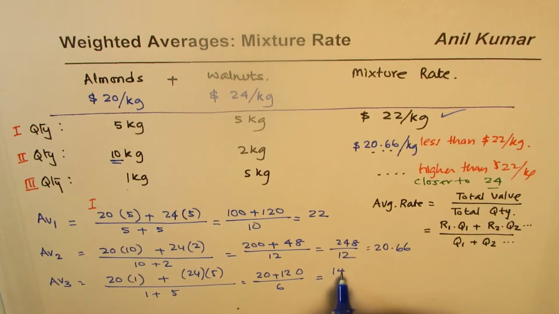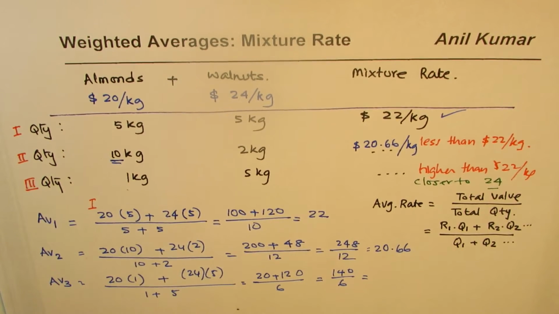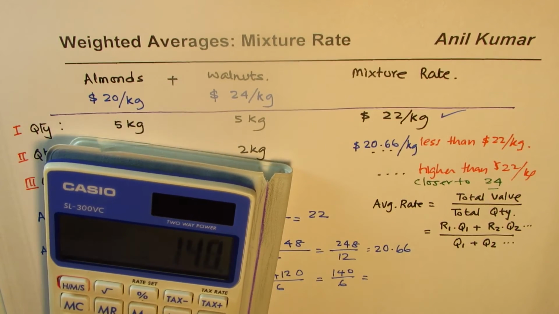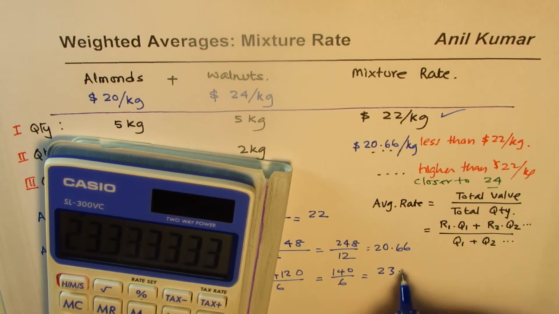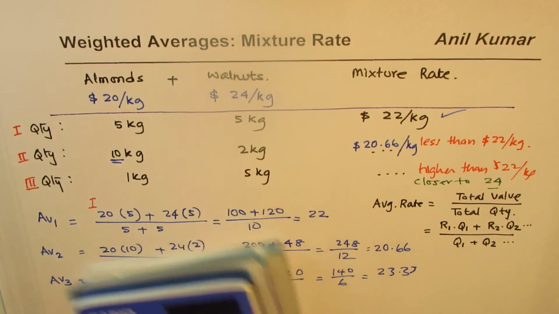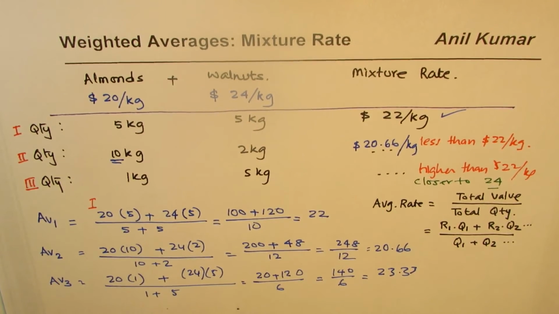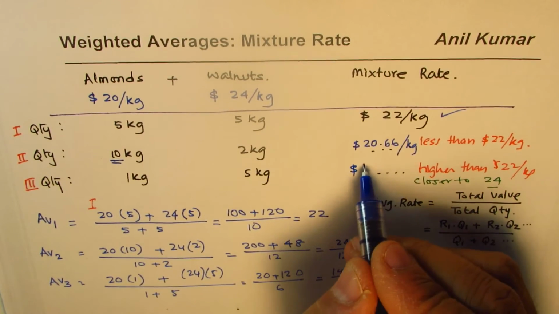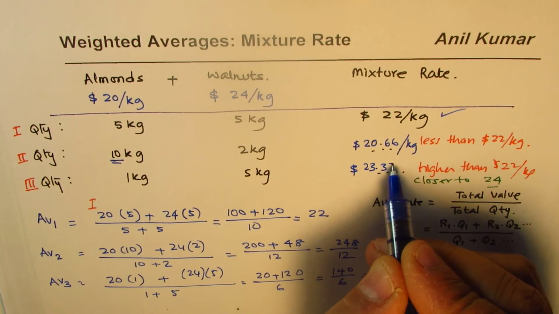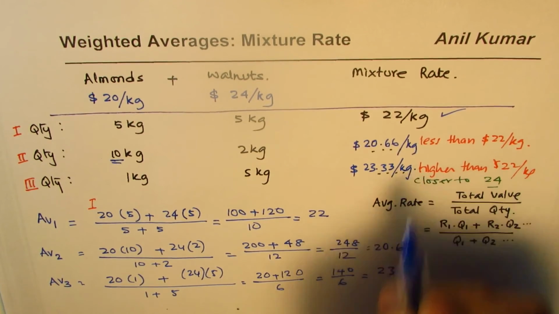When you add it, you get 140 over 6. 140 divided by 6 is equal to 23.33. You can see this rate is very, very close to the walnut rate. So it is $23.33 per kg.